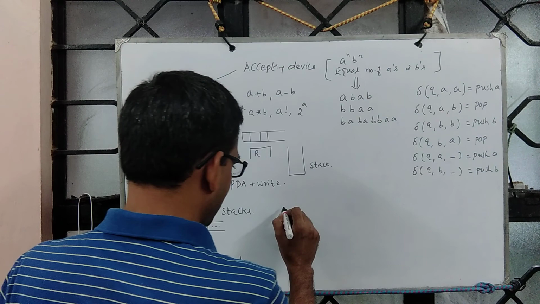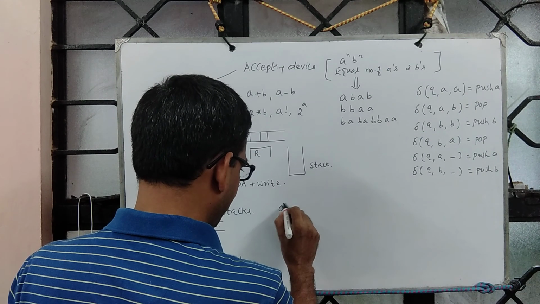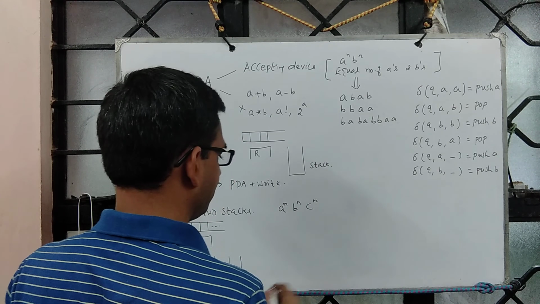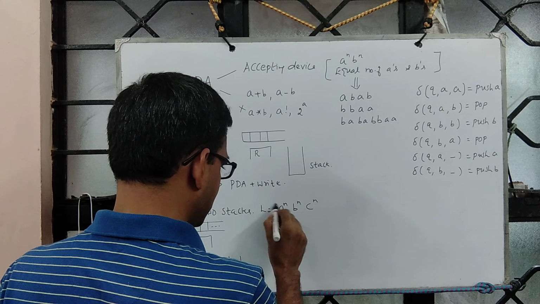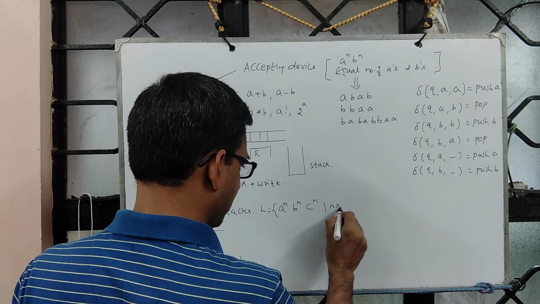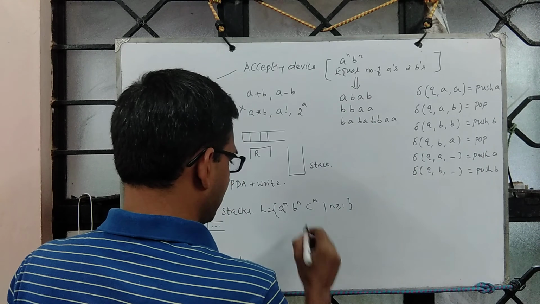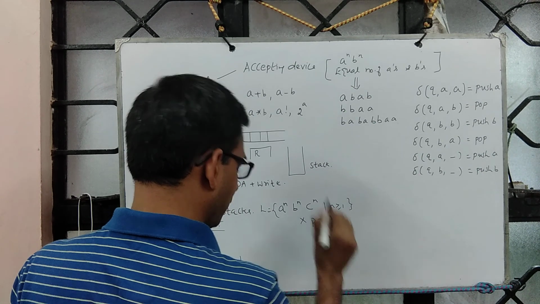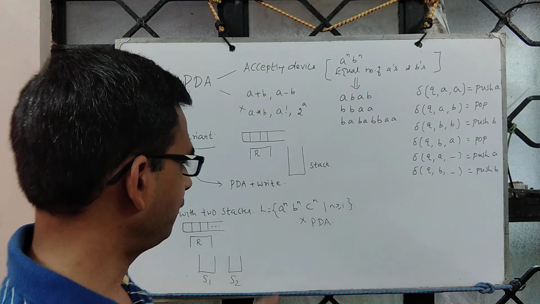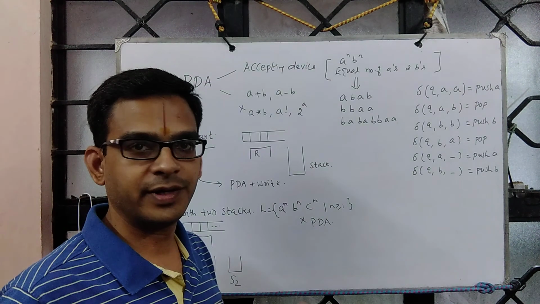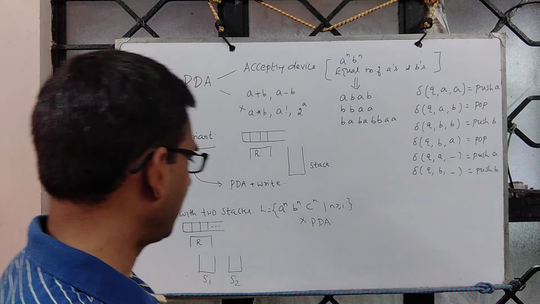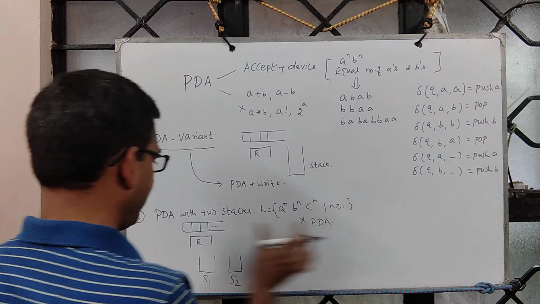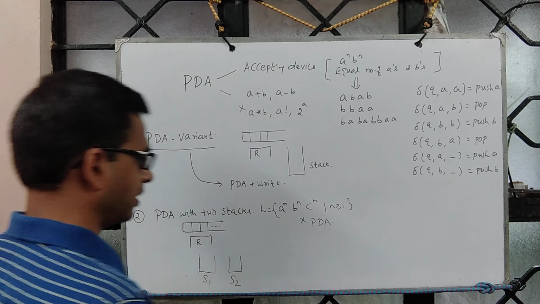Please note, we know that a power n, b power n, c power n, such that n greater than or equal to 1, this cannot be accepted by PDA. One can establish a proof using the well-known pumping lemma. But it turns out that this can be accepted by PDA with 2 stacks.